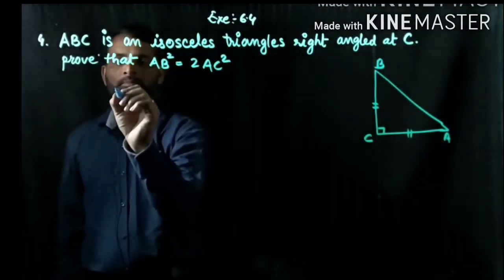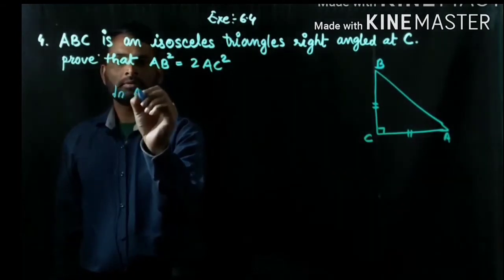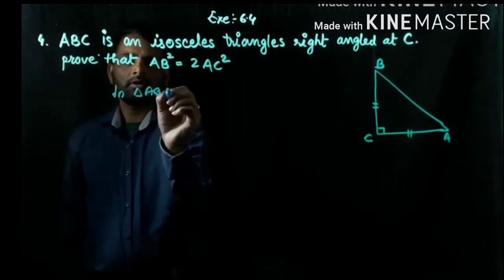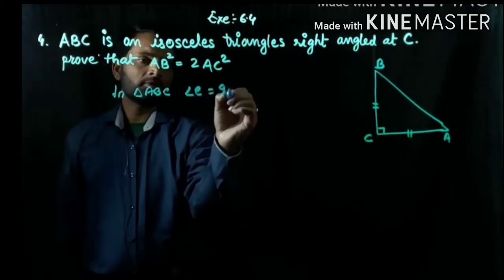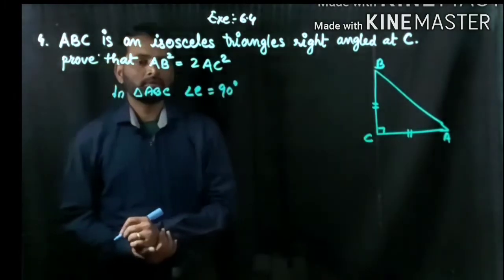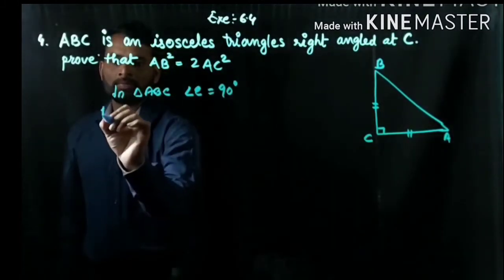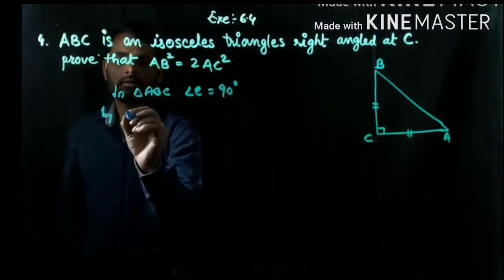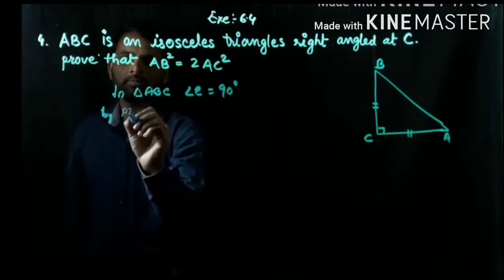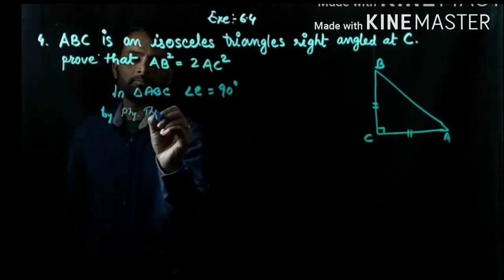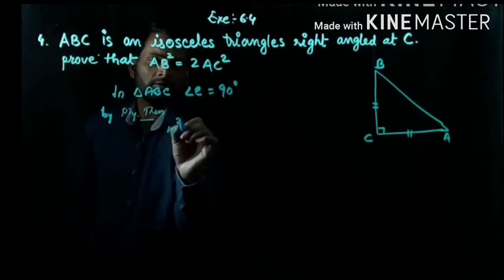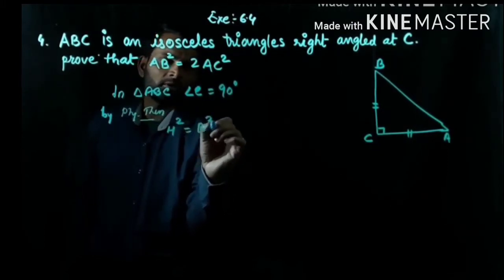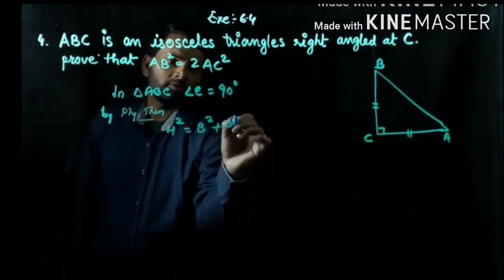Okay, in triangle ABC, angle C is equal to 90. By Pythagoras theorem, H square is equal to B square plus P square.